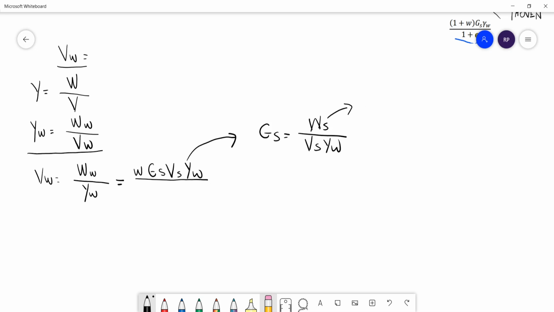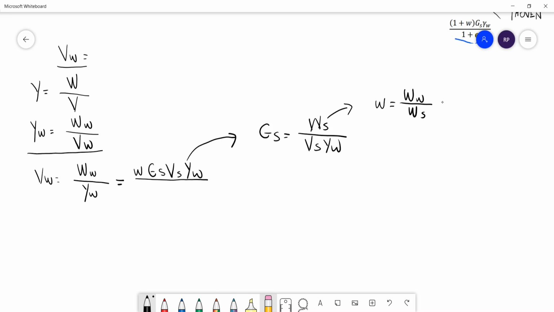Okay? So from the definition of your moisture content, so we have WS, WW. So that is small w equal to WW all over WS.